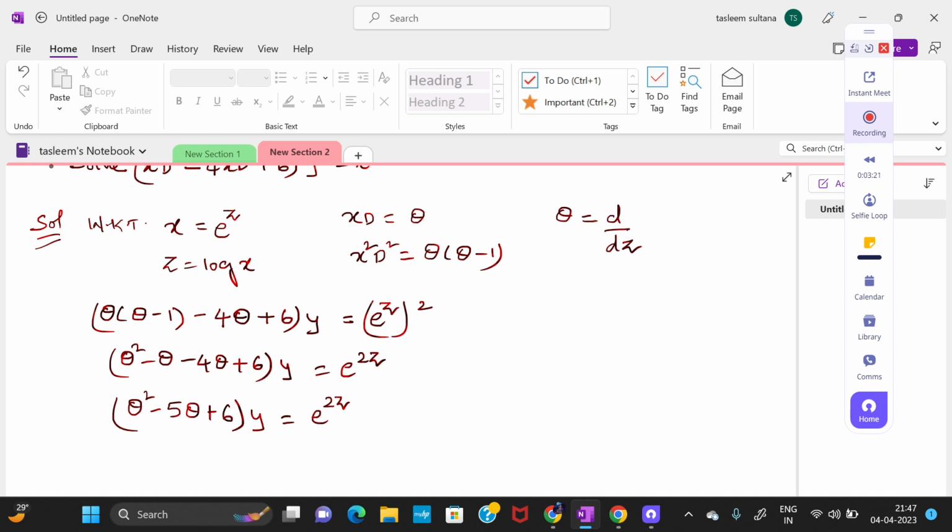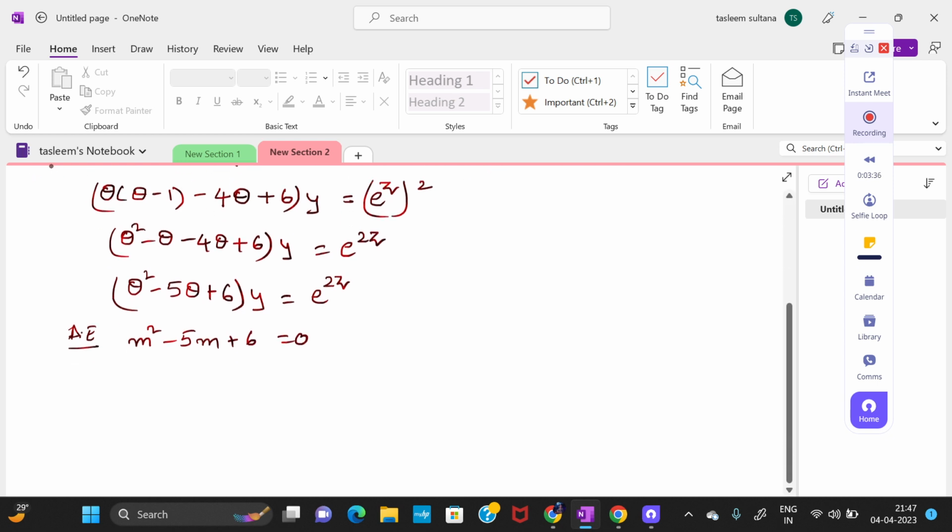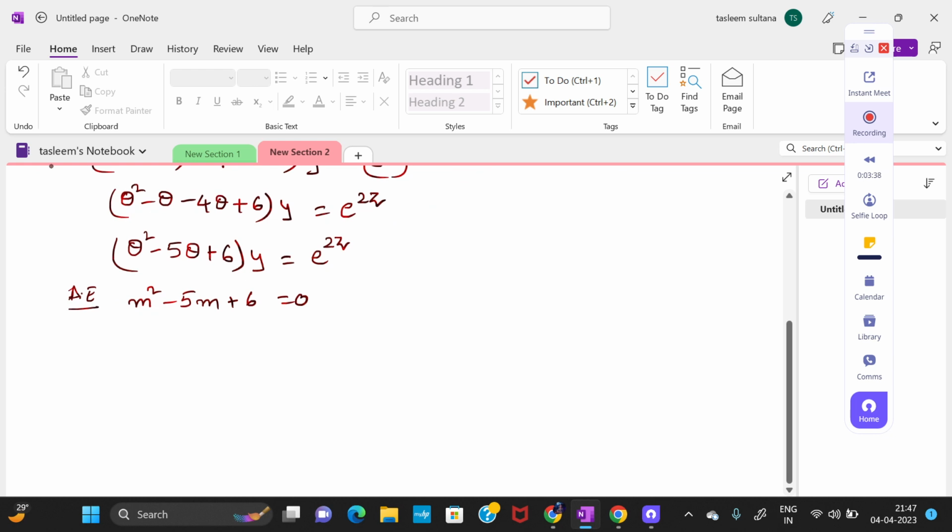Now first we'll find the auxiliary equation: m square minus 5m plus 6 equals 0, where y cannot be equal to 0, so you are making that equation equal to 0. This one you can split: the constant is 6, so 5m we can split as 3m and 2m. So m square minus 3m minus 2m plus 6 equals 0.